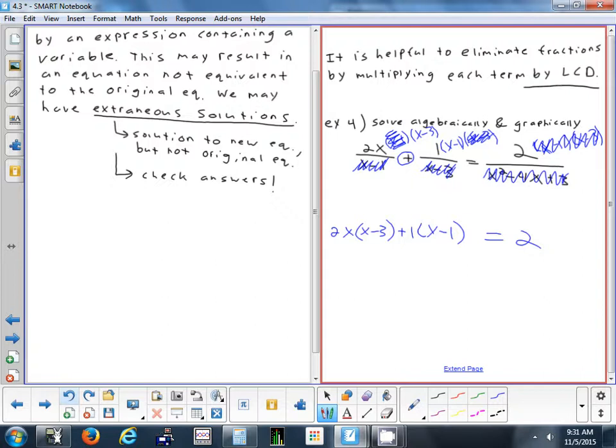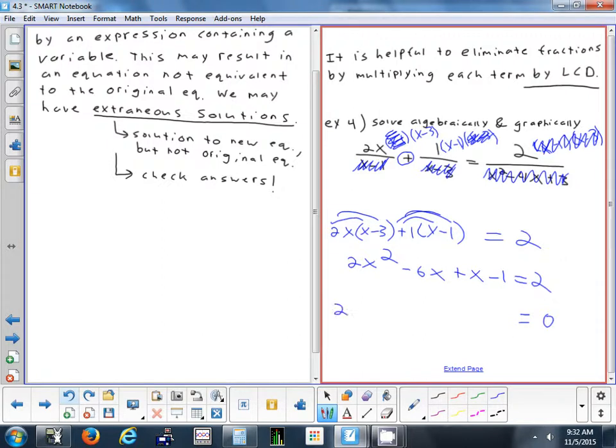Do that out. What's 2x times x? 2x squared minus 6x. 1 times x? X minus 1. Now get everything on one side and factor it or use the quadratic formula.